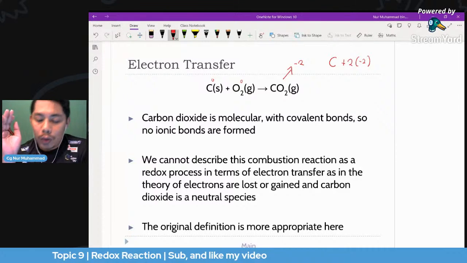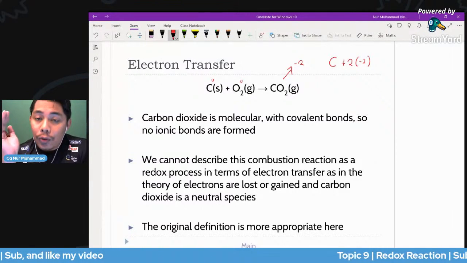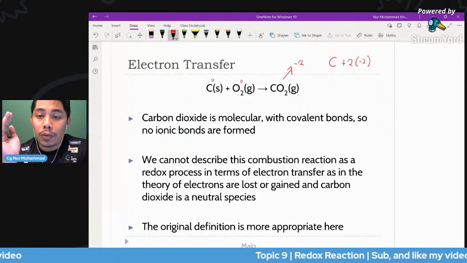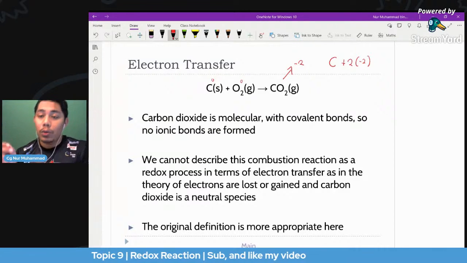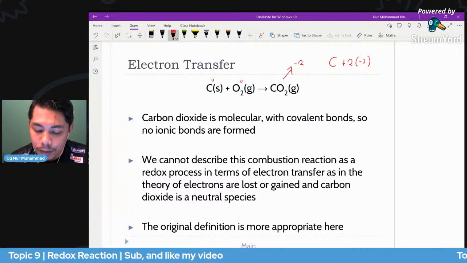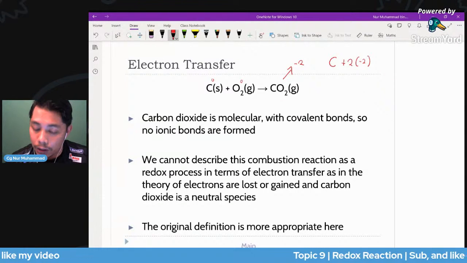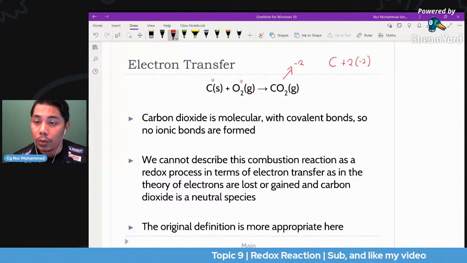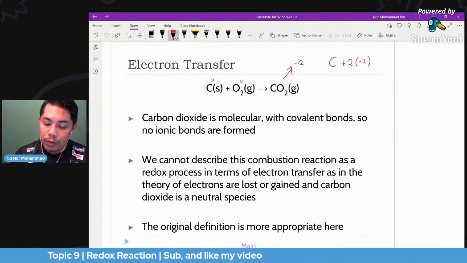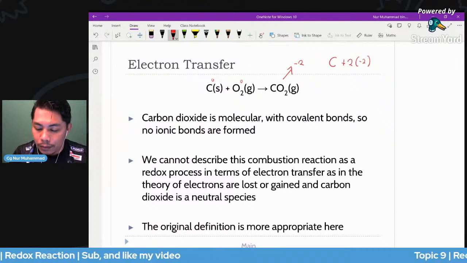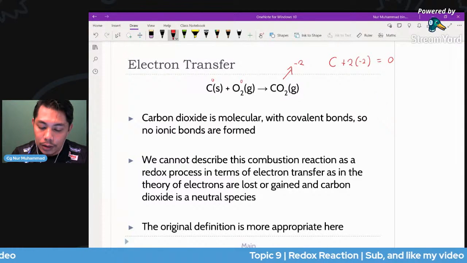Okay, kamu kena ingat to calculate the oxidation number, there are a few element that you have to memorize the oxidation number. Contohnya hydrogen. Hydrogen kamu kena hafal. Oxygen kamu kena hafal. Dia two negative. Macam karbon dia tak tentu. Okay, karbon dia boleh berubah oxidation number dia. Okay, that's why kita boleh calculate. And equal to 0. Why 0? 0 is dia punya charge dia lah.